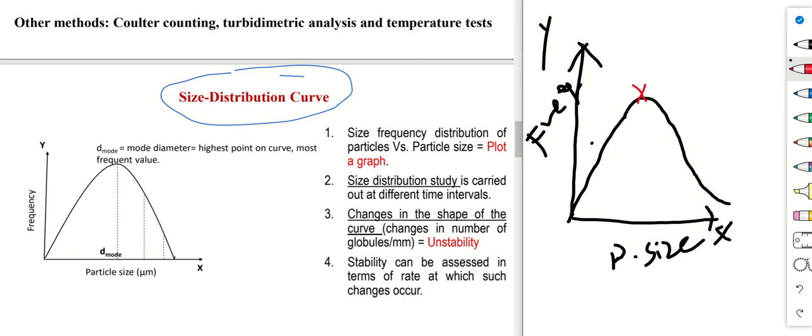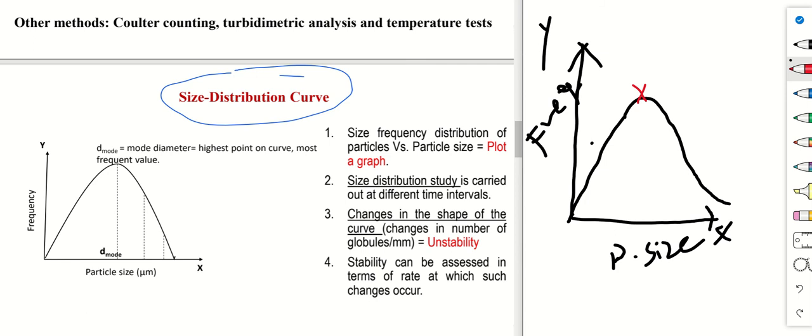Now, if there are some changes in the shape of the curve on the 30th day, then we can say that some unstable reaction has occurred in our emulsion. Why?